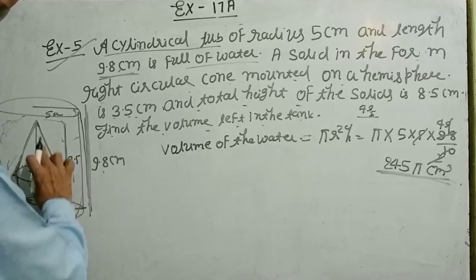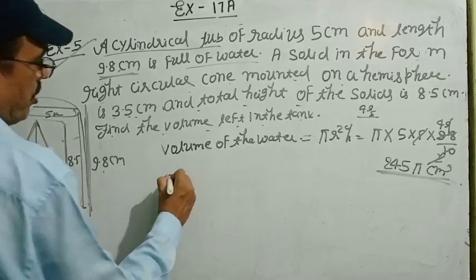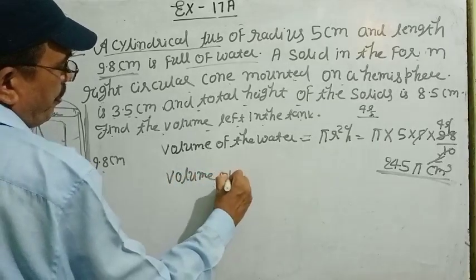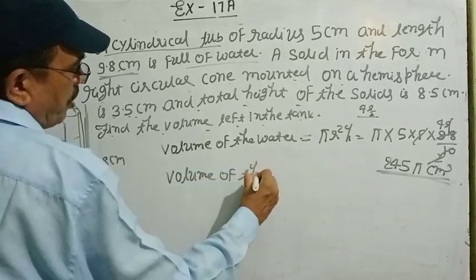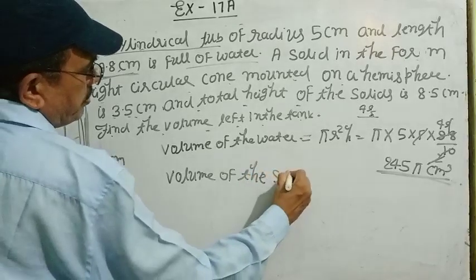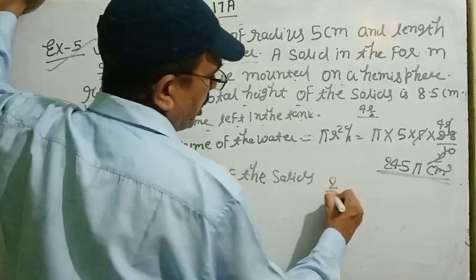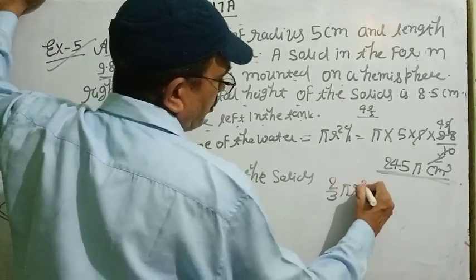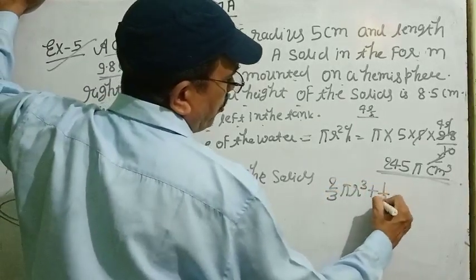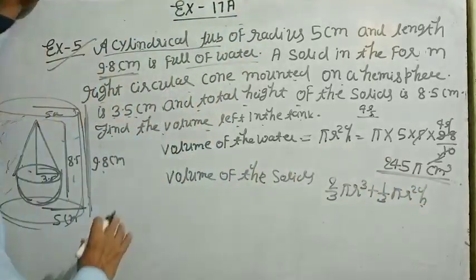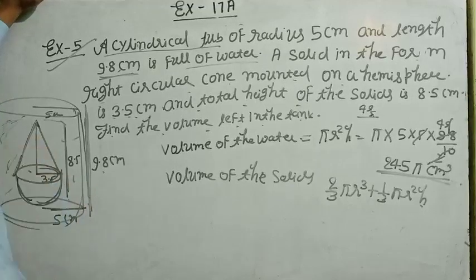After that, what is the volume of the solid? The volume of the solid is 2 by 3 pi r cube, the volume of the hemisphere, plus 1 by 3 pi r square h, the volume of the cone.